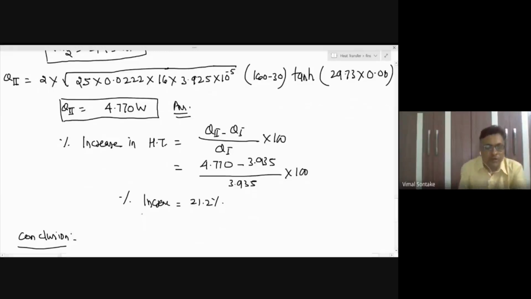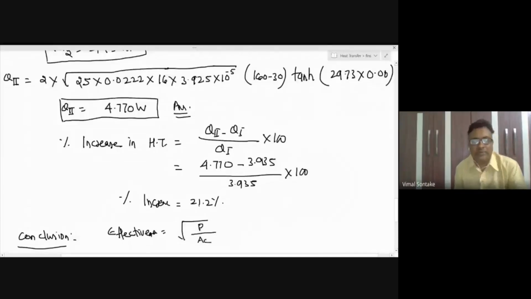So if you remember one term, effectiveness of fin. And that effectiveness of fin is directly proportional to the perimeter and inversely proportional to cross-sectional area. So what happens actually when you reduce the cross-sectional area and keeping perimeter constant, effectiveness increases.